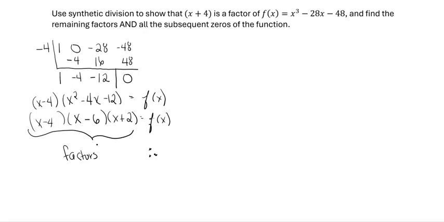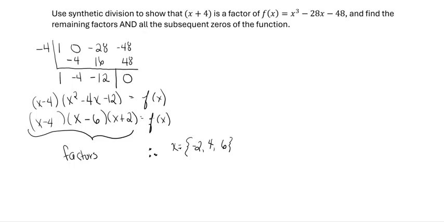Therefore, the zeros are x equals, going in ascending order, negative 2, that comes from the x plus 2, 4, that comes from the x minus 4, and 6, that comes from the x minus 6.